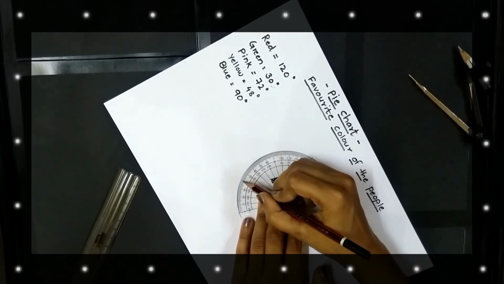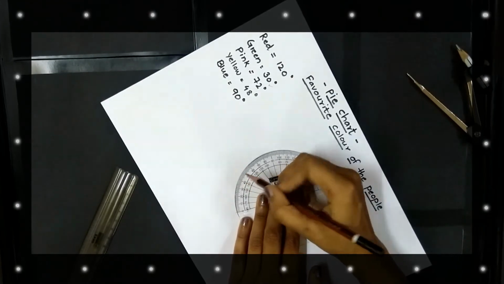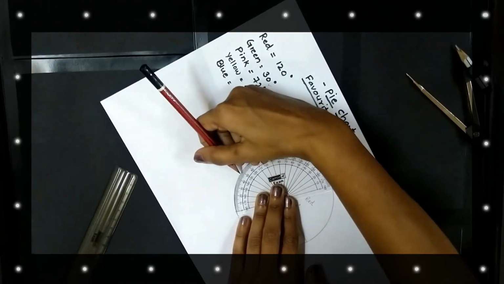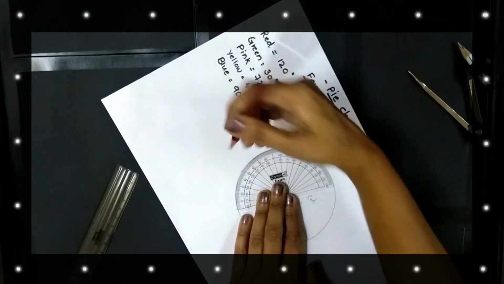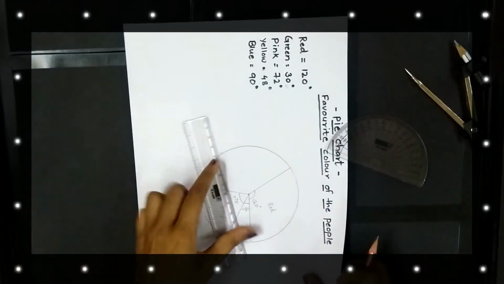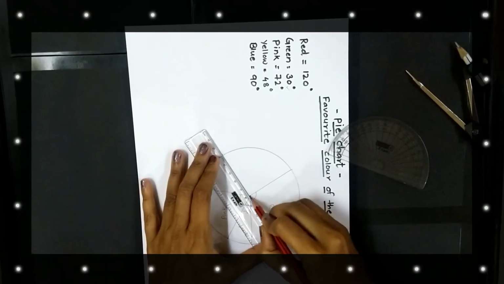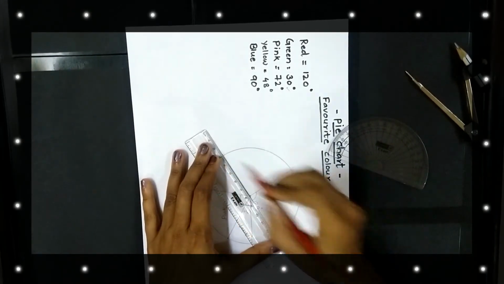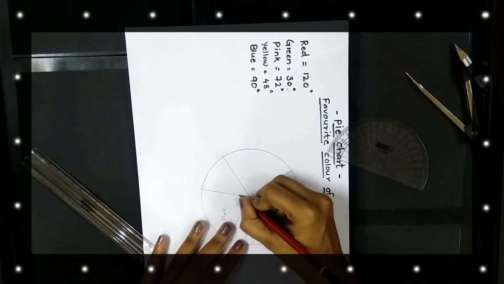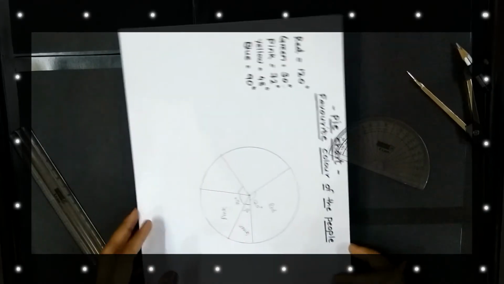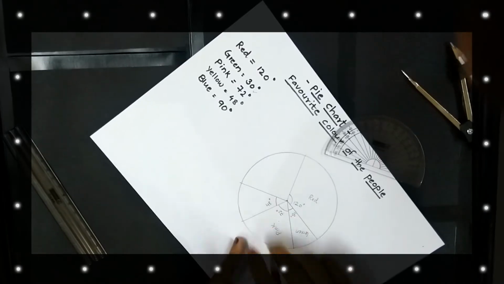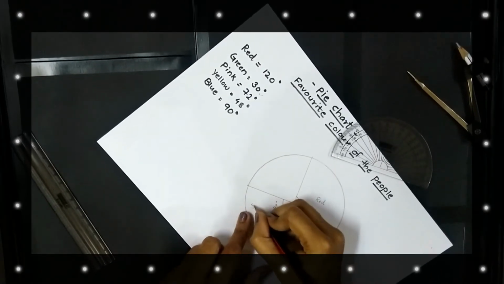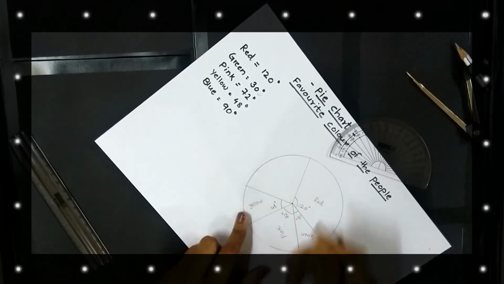So that will be 8 small lines over 40. So now I have carefully marked this angle for the yellow color sector, which is 48 degrees.